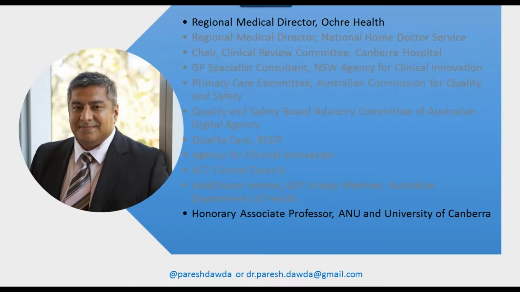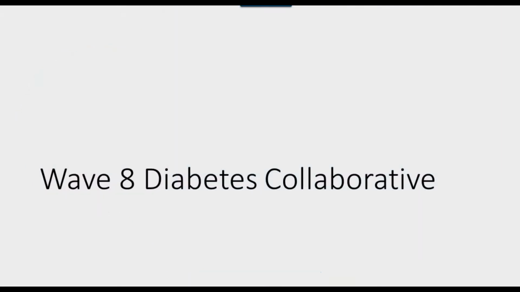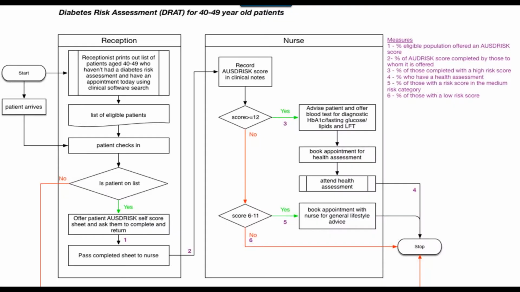If we move on to the next slide, we've got a flow chart showing the map of what we did. What we really did was three things. We identified patients who were coming in on that day who hadn't had a diabetes risk score and were within the eligible age, and the receptionist had a copy of that list.